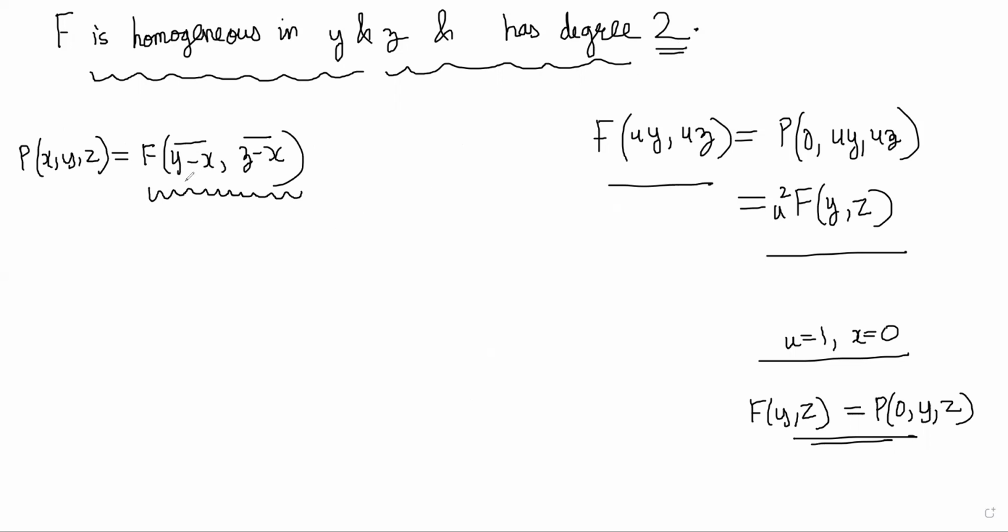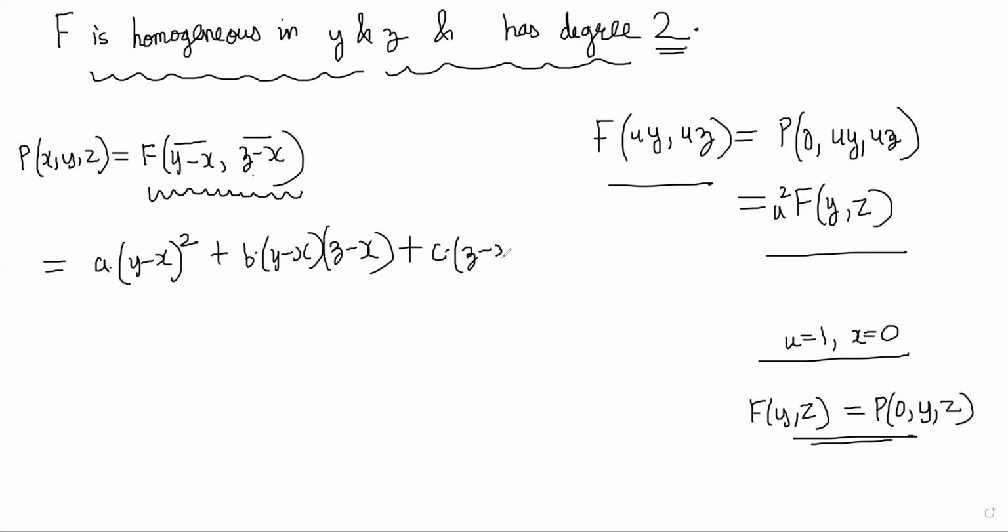So the most general homogeneous function of y minus x and z minus x would be a times (y minus x) whole squared, because I want to keep degree 2, plus b times (y minus x) into (z minus x), plus c times (z minus x) whole squared. Think about it. This is the most general 2-degree homogeneous polynomial that you can construct here, right?